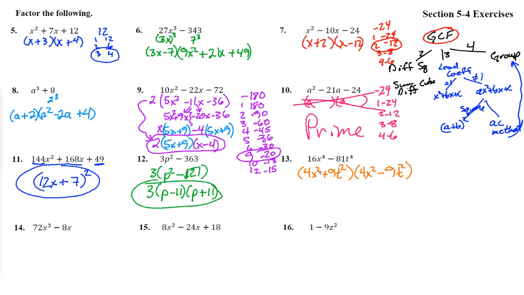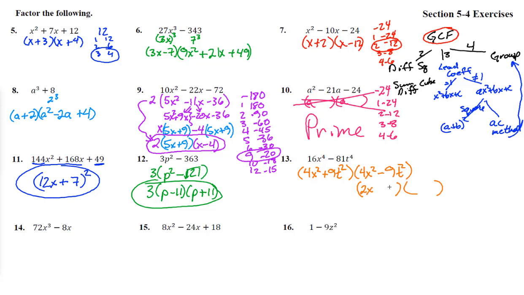Now, as we look at each of these factors that came out, each of them has 2 terms. Look, 4 and 9 are still perfect squares. Notice that a difference of squares, this one, is still able to be factored. A sum of squares cannot be. So let's go ahead and factor this guy out. Square root of 4x squared, that's 2x.